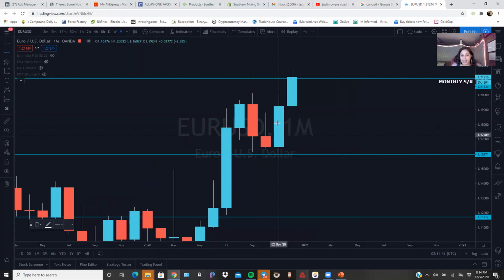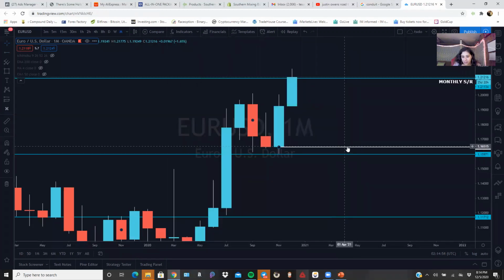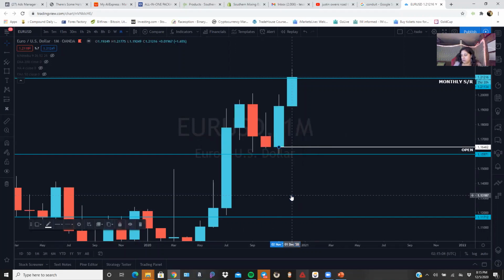All right, so last month's candle in November, we have, boom, right here. This would be your open. This is where the candlestick opened at. Okay, so this will be your open of the candlestick. Let me see, so I need to. I had to close this other one out, y'all, because I keep messing up.